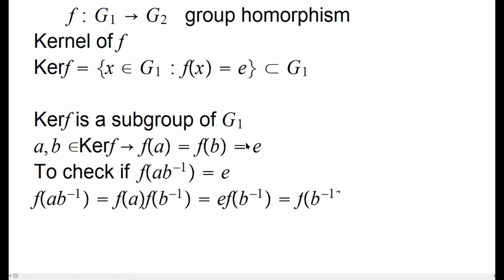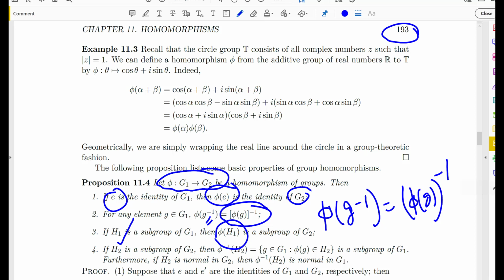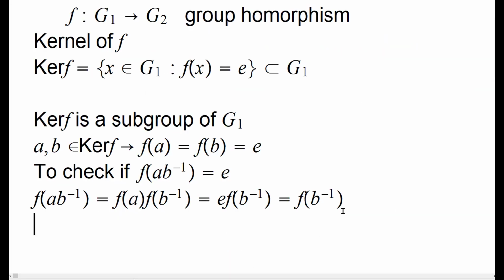And remember that we just saw from our book that under homomorphism, inverse is carried into inverse, which in our case will mean that this is f of b, inverse.